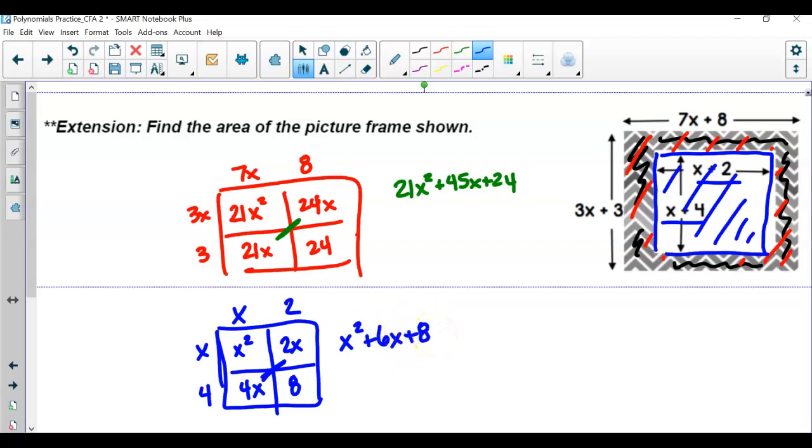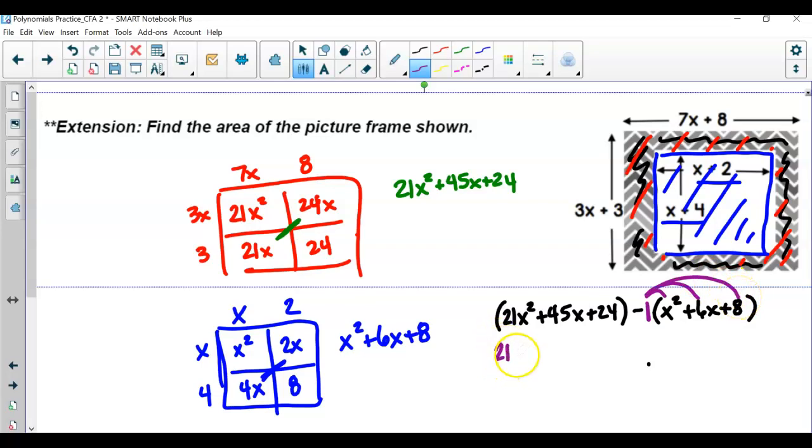So now I've got the larger and the smaller. So now what do we do? Subtract. So I'm going to subtract 21x squared plus 45x plus 24 minus x squared plus 6x plus 8. Then notice the reason why we need to set it up this way is because when subtracting, we need to distribute that negative or -1 here to every term that we're subtracting.